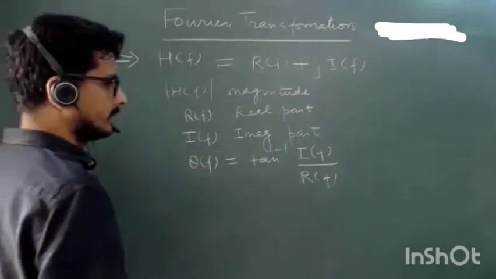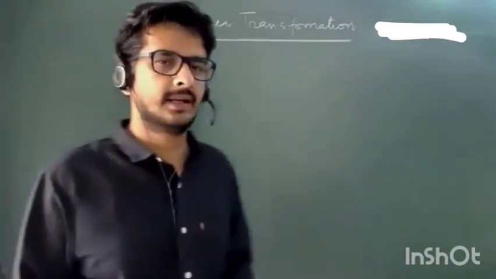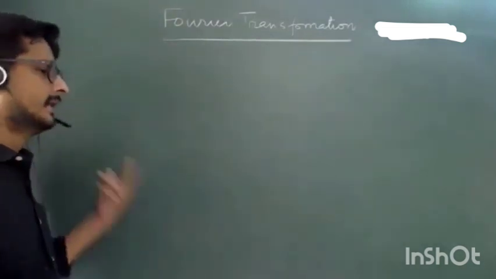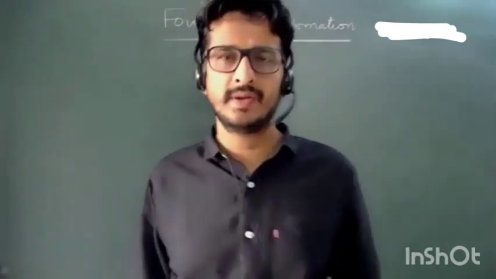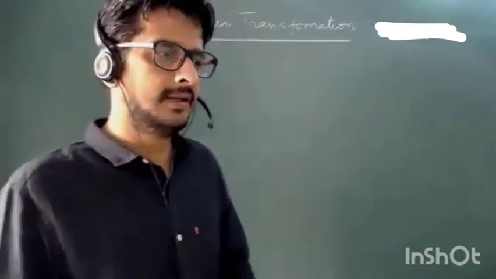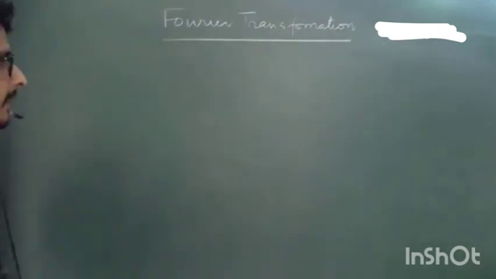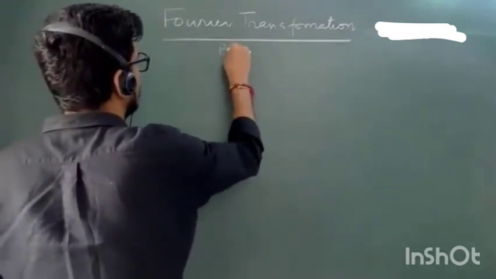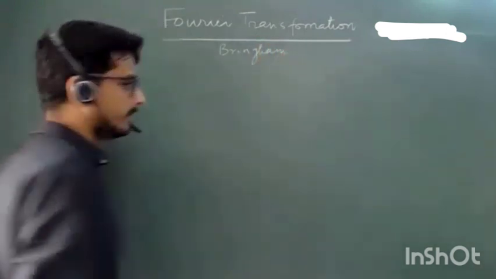Now there are many formulas. You will see and get confused about which formula is correct. The answer is every formula is correct for Fourier transformation. Different people use different definitions. All of the definitions are correct. It is not like only this definition will be correct. But I am using the most standard definition, and for this I am following a book, Brigham. This book is on Fourier transformation, Brigham.